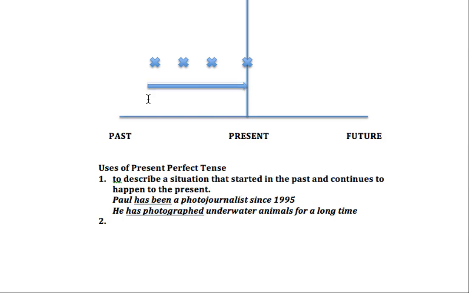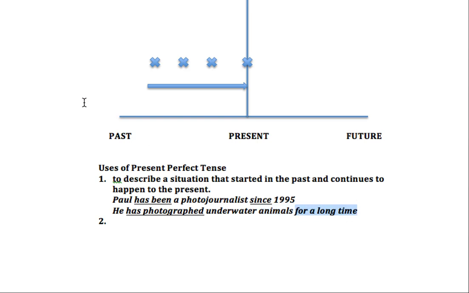So something that started in the past and still happens in the present. That is present perfect tense. When we talk about present perfect tense, we have words like since, and then we have words like for a long time.